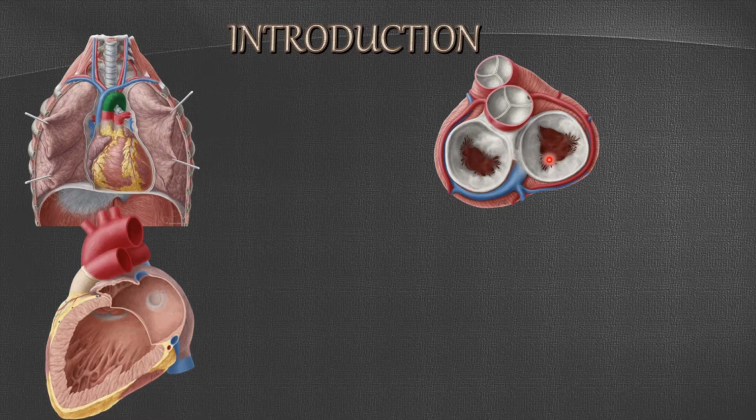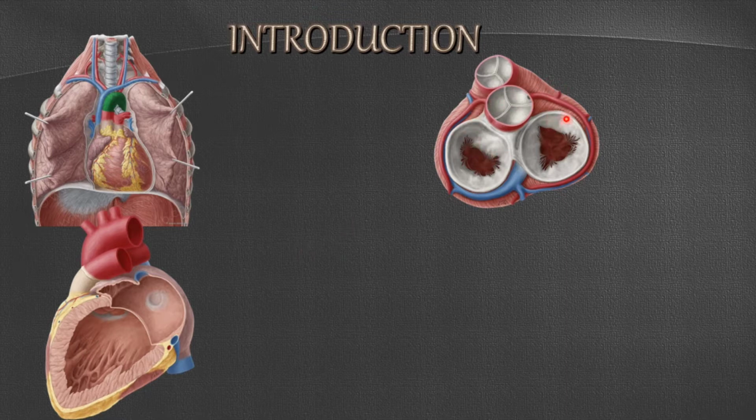The leaflets are attached to the wall, and they can close and open whenever required. Accordingly, we will discuss this when we discuss the mitral and aortic or pulmonary valves. They are also attached with the chordae tendineae and then muscles. But we will discuss each in detail.